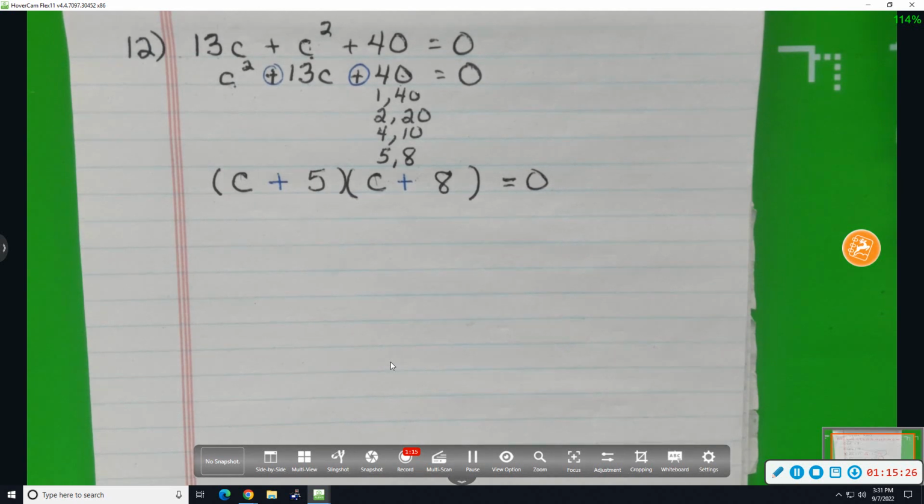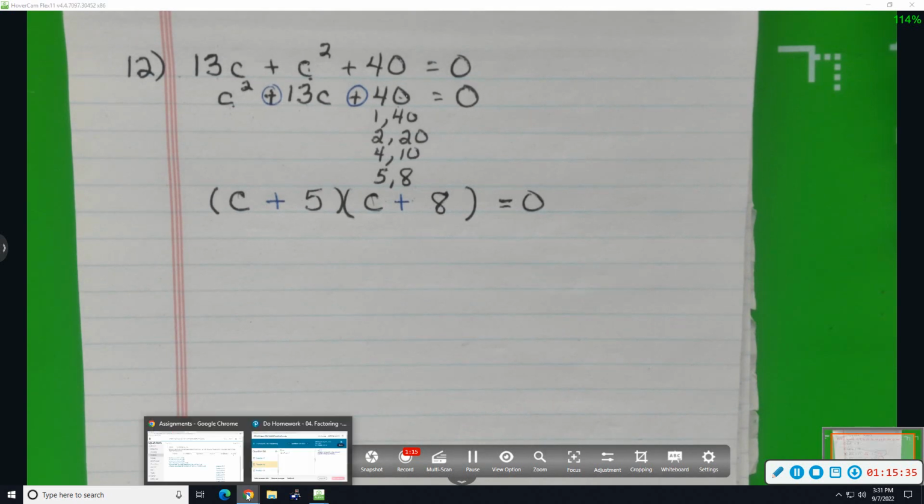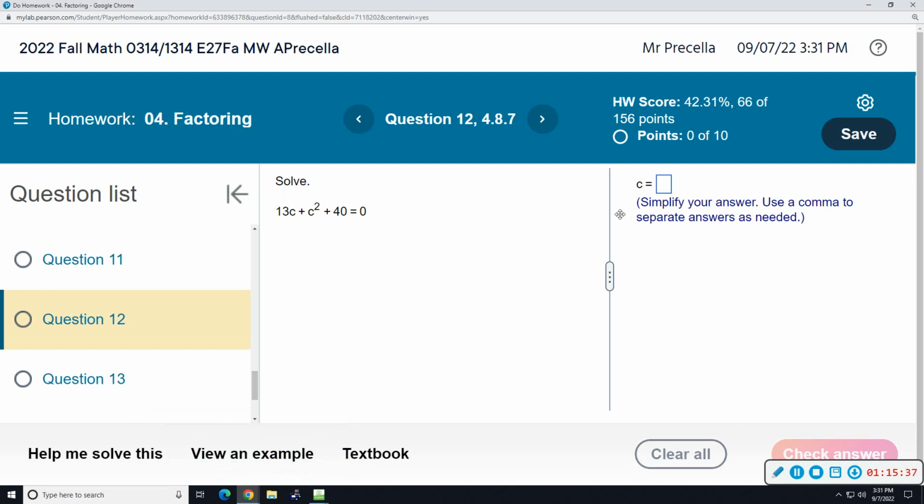Do I type in C plus 5 times C plus 8? No. This is solve an equation, so there should be numbers as your answer. C equals, use a comma to separate them.